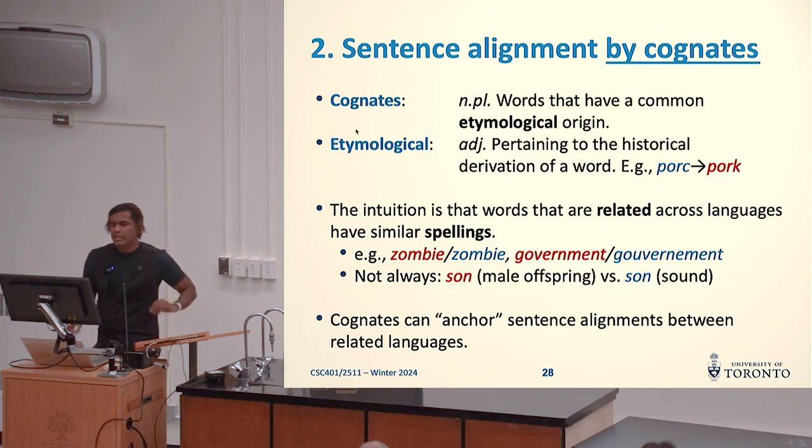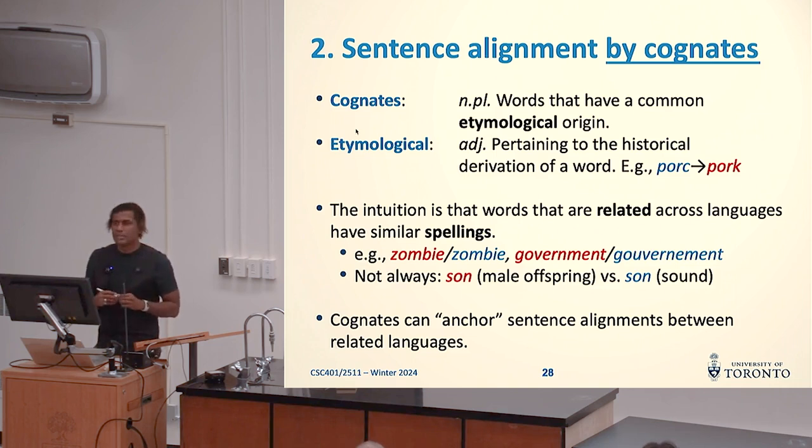The second technique is sentence alignment by cognates. By cognates, I mean words that have a common etymological origin. Etymological pertains to the historical derivation of a word, like pork, derived I think from Anglo-Saxon.